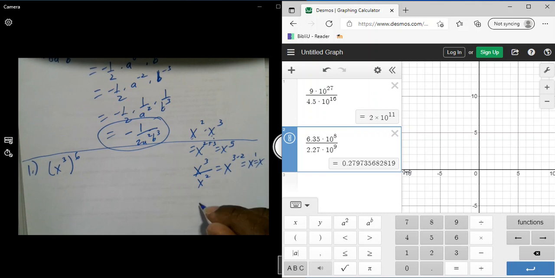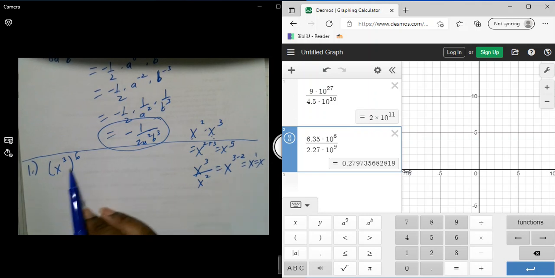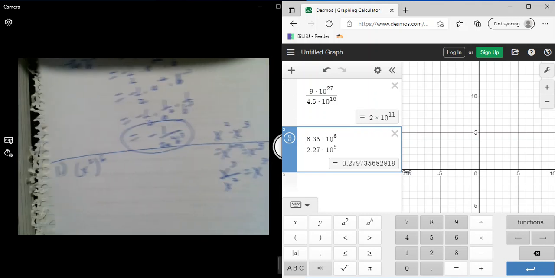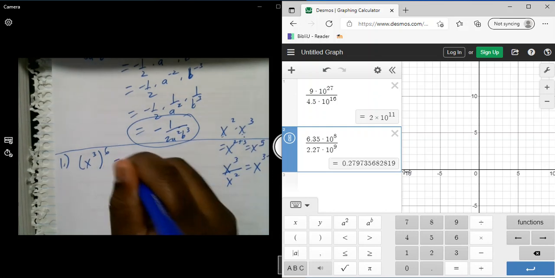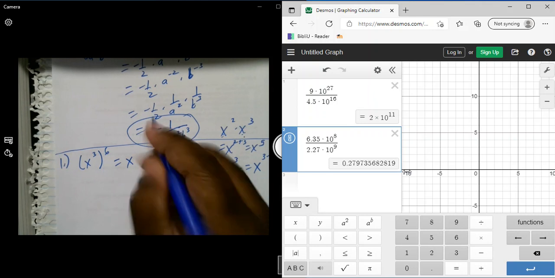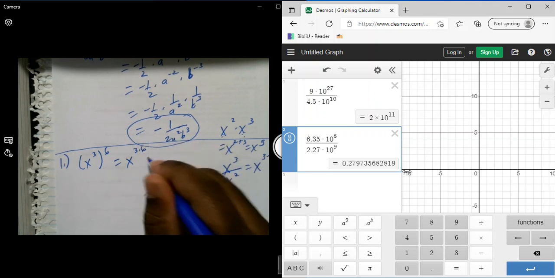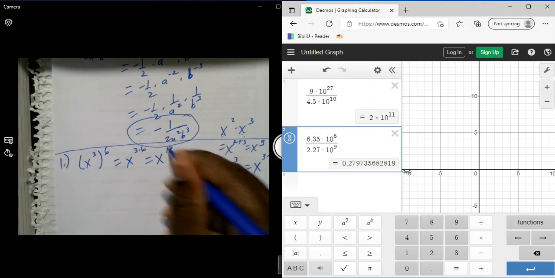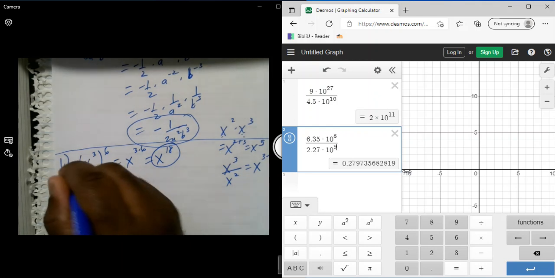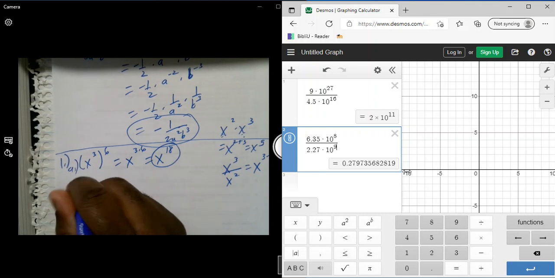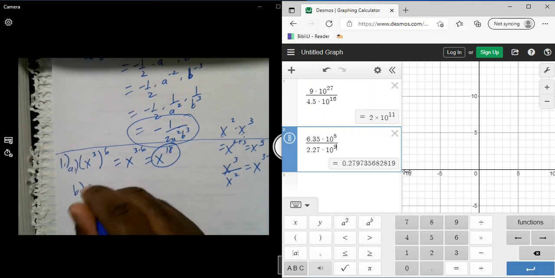And then we have something else called a power to a power. I'm going to do number 1 to demonstrate this. When you have a power to a power, you carry the base over and you multiply the exponents. So this would be x to the 18th power. So when you have the same base, you multiply. So that would be A. So now we come to B.